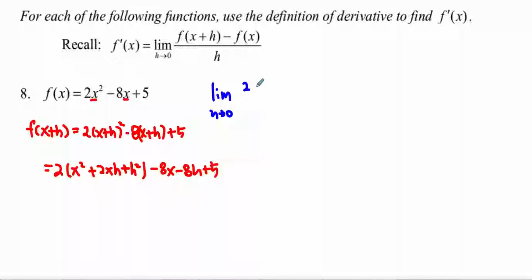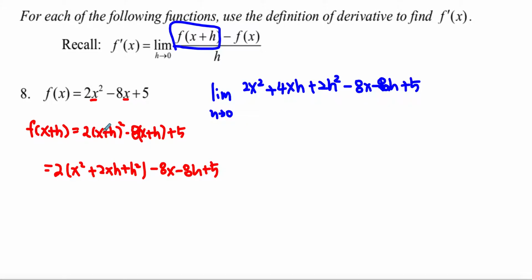I'll be getting 2x squared plus 4xh plus 2h squared, because I distributed 2 to all three terms, minus 8x minus 8h plus 5. That's the first portion right over here.